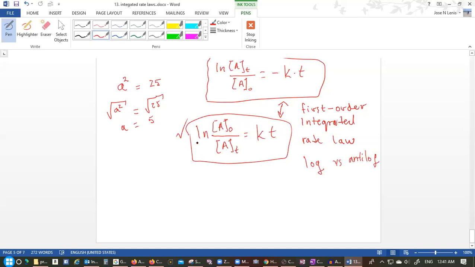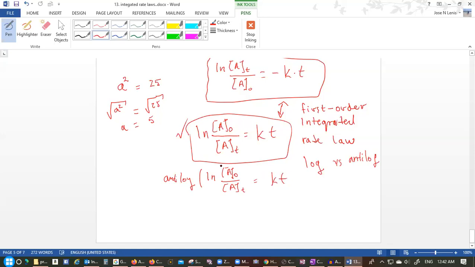Similar here. If you have natural log on one side, you want to get rid of that, take anti-log. So you're applying anti-log here on both sides. You say anti-log of natural log of concentration of A over concentration of A at time t equals kt.